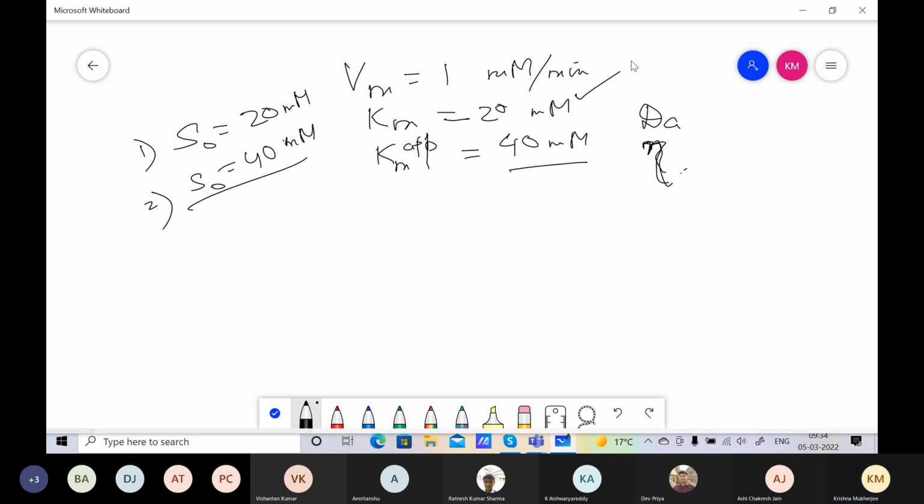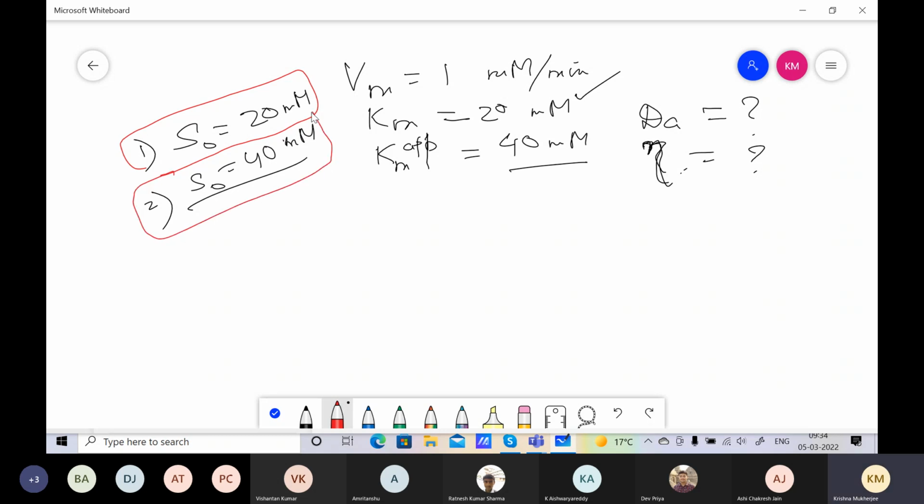Vmax is 1. I want you to find out the dA values and the efficiency values when, case 1, S naught is equal to 20 millimolar in my reactor, and second, when S naught is equal to 40 millimolar. Tell me.